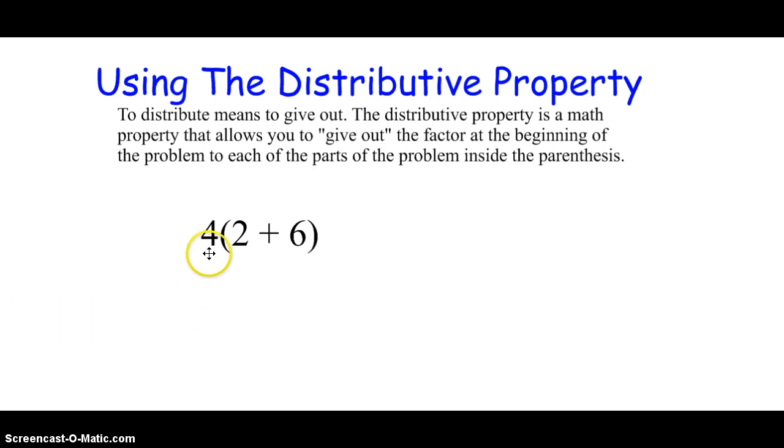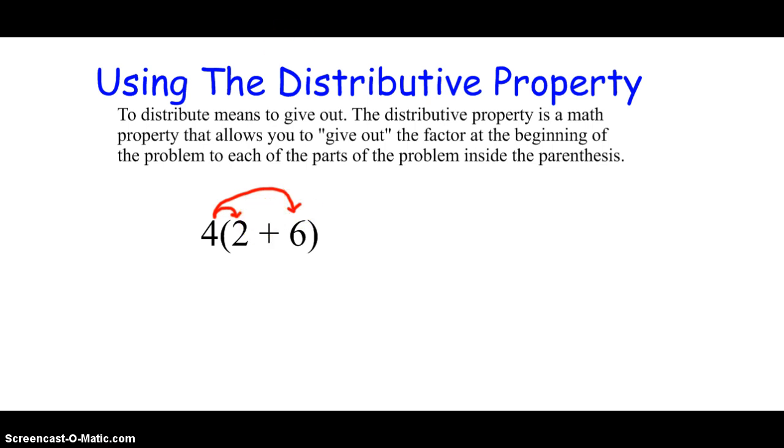You see that we have a factor outside the parentheses, and in this particular case we have two addends, A-D-D-E-N-D-S, the 2 plus the 6. In order to complete this problem using the distributive property, we're going to distribute the 4 to the 2, and then we're going to distribute the 4 to the 6.